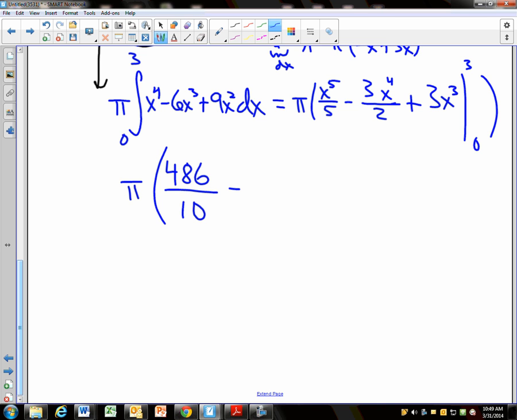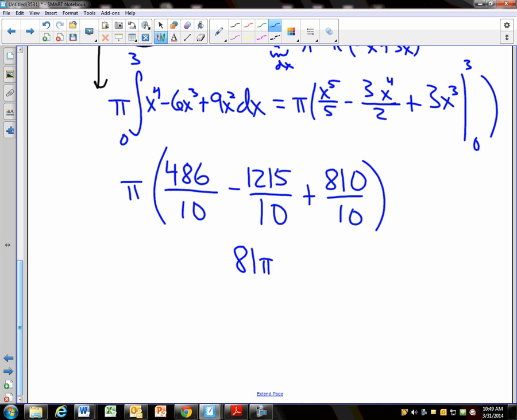And we got multiplied by 5 to create common denominators. 243 times 5 is 1215, plus then 3 to the 3rd is 27 times 3 is 81, and then we're going to multiply that by 10. 810 over 10. So we have our common denominator of 10. What is 486 minus 1215 plus 810? 81 pi over 10. I will take points off if you do forget the pi in your final answer.